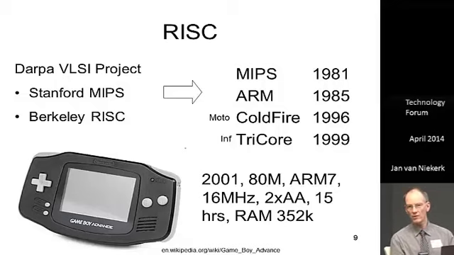And the Game Boy Advance here is one example of an absolute success of these microcontrollers that just display how superior this architecture was. They sold 80 million of them. It was an ARM7. It ran at 16 megahertz, ran off 2 AA batteries, could run off those AA batteries for 15 hours and had 352K of RAM on them. And it's typically products like these, so that the processor inside there was licensed from ARM.